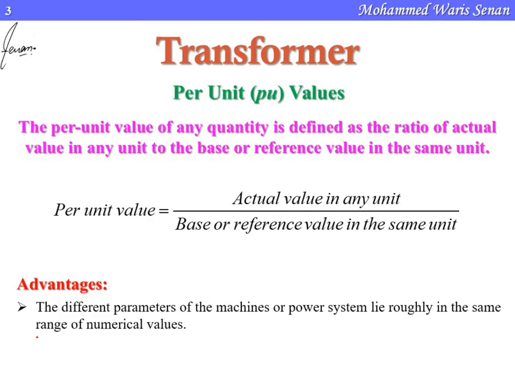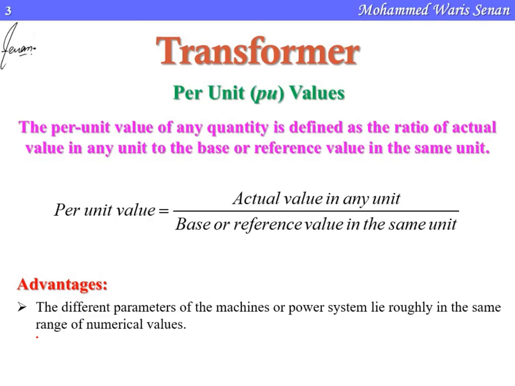For example, the numerical values of different parameters lie under the range of 0 to 3. Some value will be around 1, some value will be around 2, and so on. So there will be a very narrow range of numerical values. So this is a great advantage.